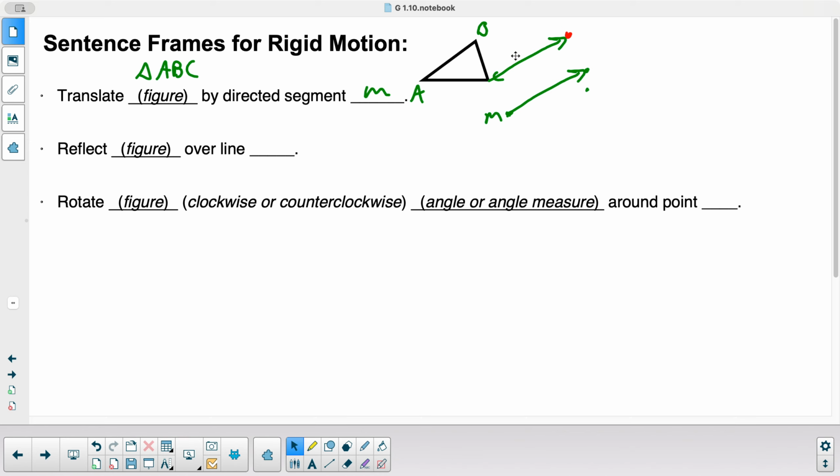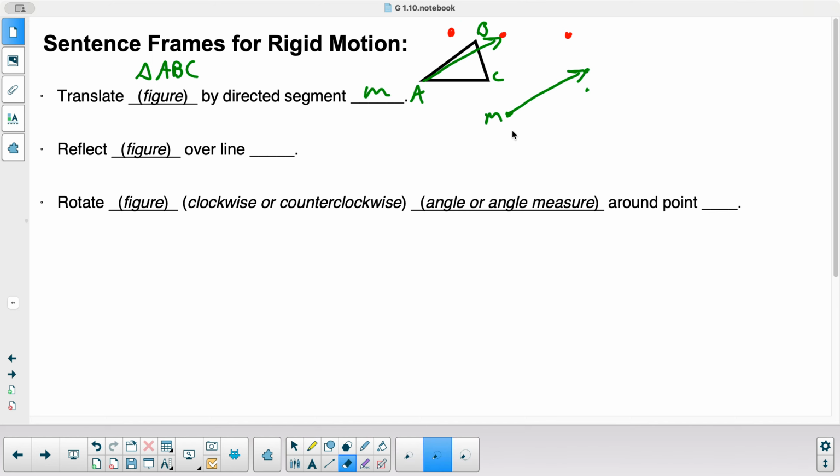And then I would also take this point right here, and it's kind of off of my page, but it would go up here. And then this last point right here, A, would go from here over to there. So you have these little arrows, same direction, so that it has the same slope and same distance. But this point would be off of the grid, so not a very good picture there.